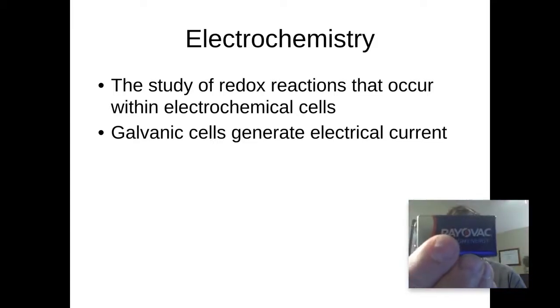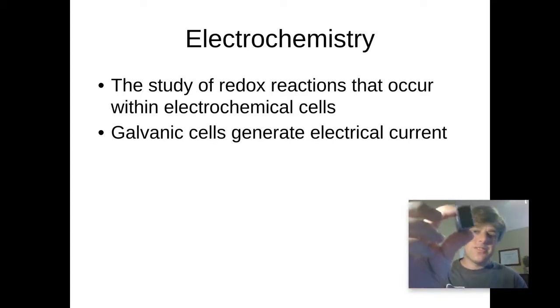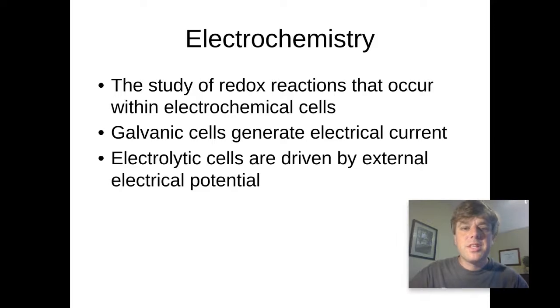This generates 9 volts, and if you multiply 1.5 by 6, you get 9, and that's how you get the 9 volts. Packaged inside of this little rectangular prism are 6 of a smaller version of those little cells. So that's a little technical difference.